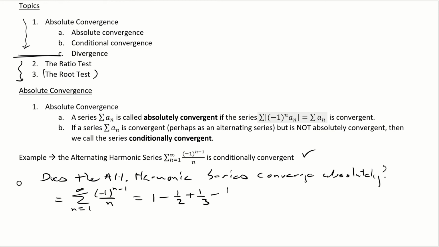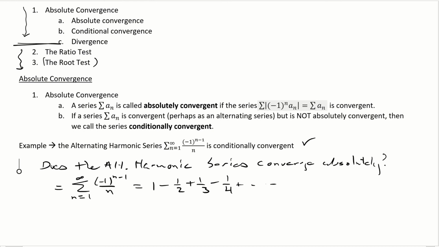Plus a third, minus a fourth, plus, etc. And what they're telling us to do is take the terms and wrap them in absolute value. So you're going to sum up the terms, but if they're negative, make them positive.